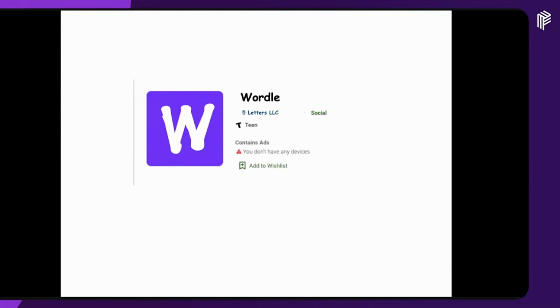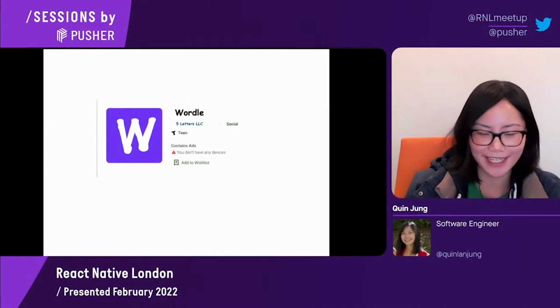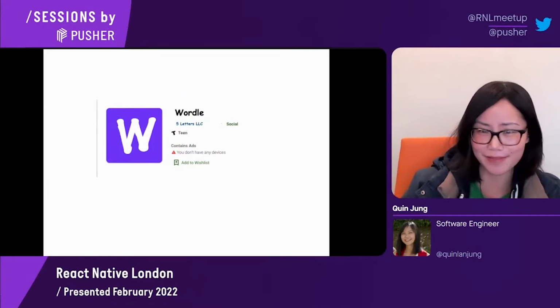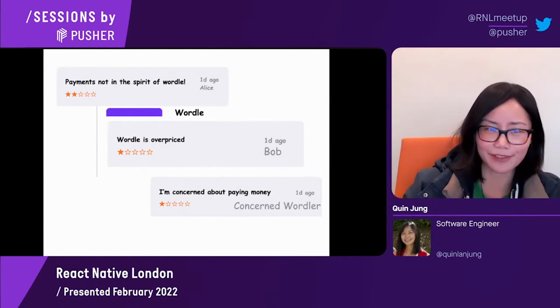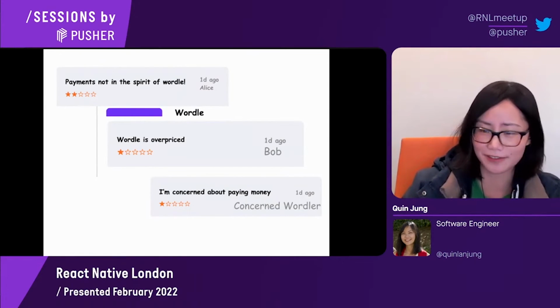All right, so you've got the paid Wordle out in the wild for a while, and you're dying to see what people are saying about your app because it's quite a big change. So Alice is starting to complain that payments is definitely not in the spirit of Wordle. Bob is saying that Wordle is extremely overpriced, and the concerned Wordler is just concerned about paying money altogether.